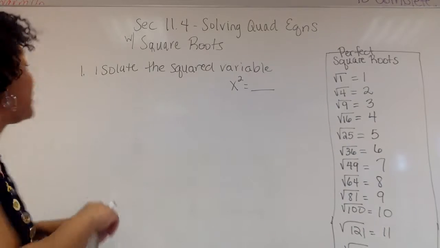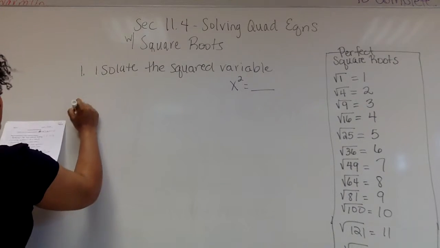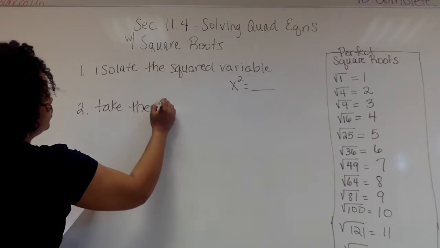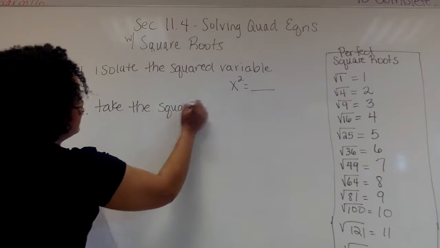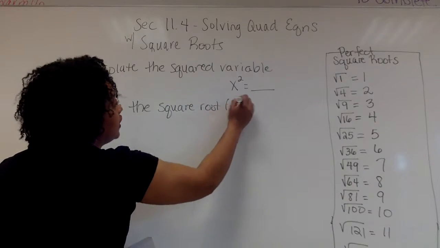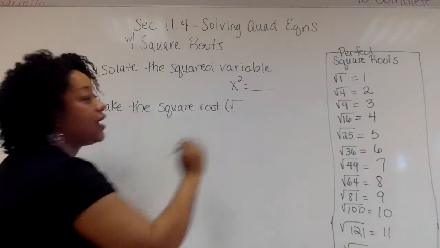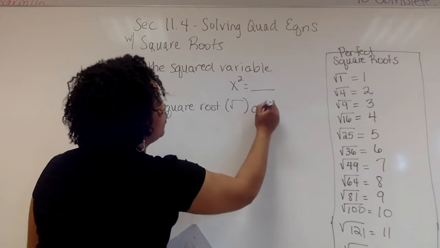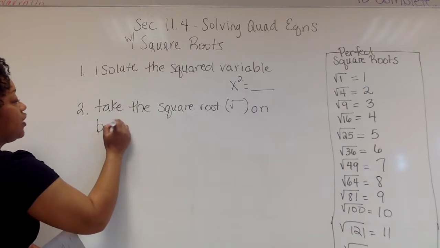Now, once you get to that step, the second thing you need to do is take the square root. And when I say square root, I mean you're going to do this. That's the square root symbol. You're going to take the square root on both sides of the equation.